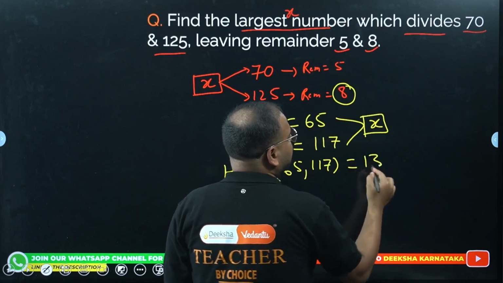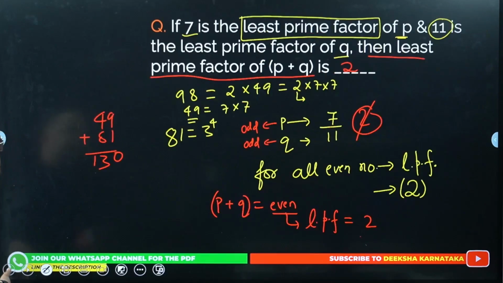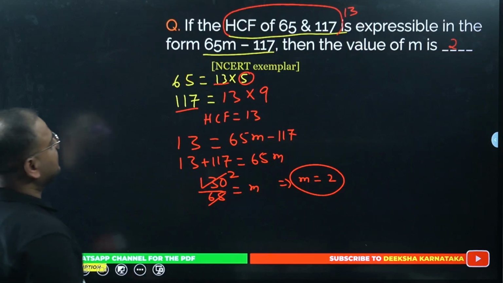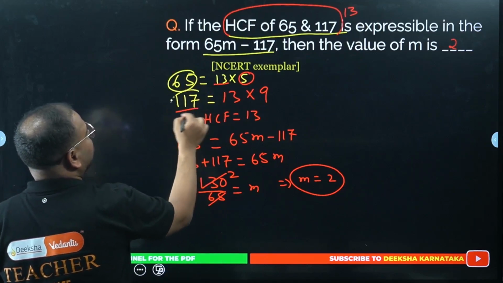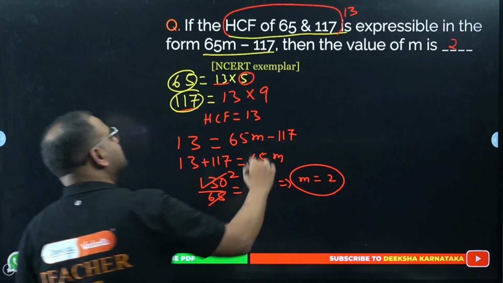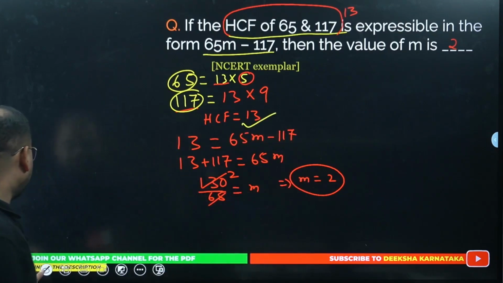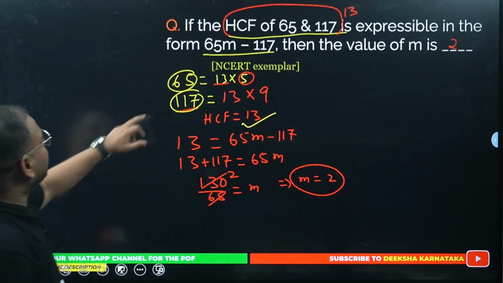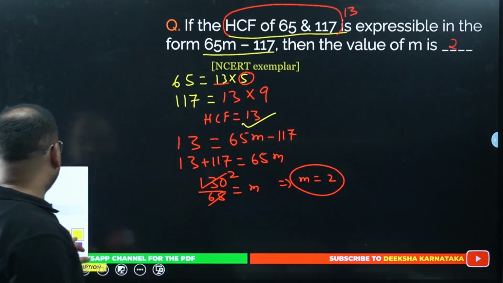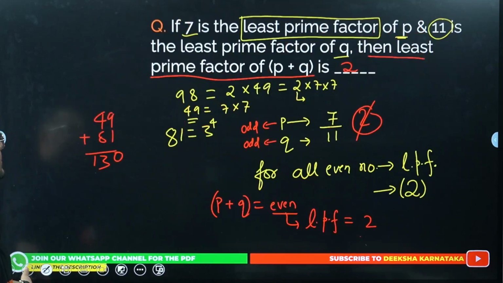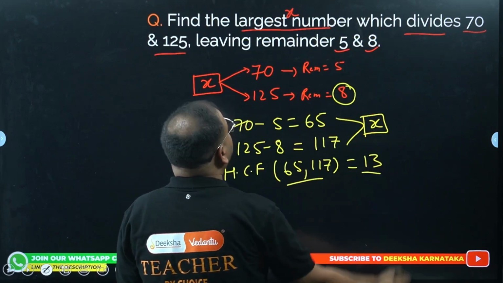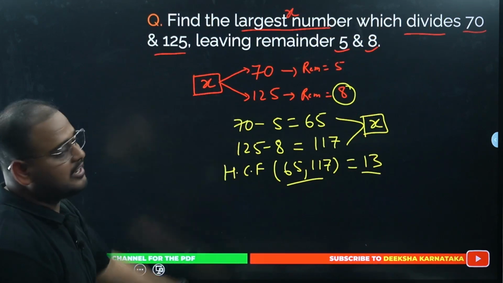It was 13. Let's go back and see. 65 and 117. What was the HCF? 13. Right? Need to do it again? No need, right? How we got the HCF, that part is clear to everyone. So the HCF of the numbers 65 and 117 is 13. They're asking what? The largest number that divides.